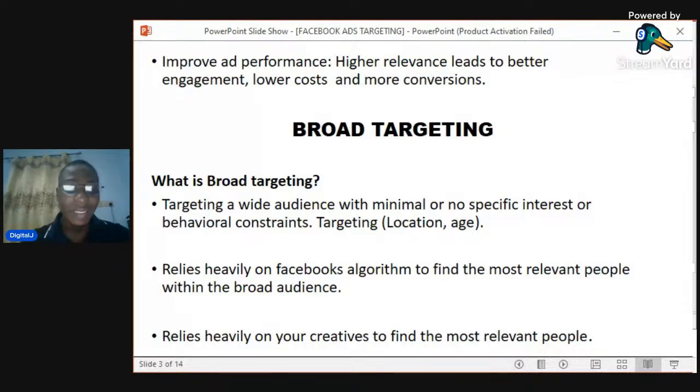Whether video or image, they should pass the message across to the audience efficiently, so that once they look at it, they can tell, is this for me or is this not for me? That is very, very important. And that's why most persons end up wasting money: they are doing broad targeting, and then their videos and images don't pass the message across to the audience efficiently. So you need to check your creatives, especially if you are doing broad targeting.